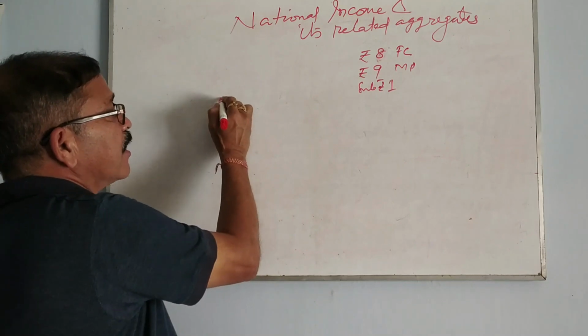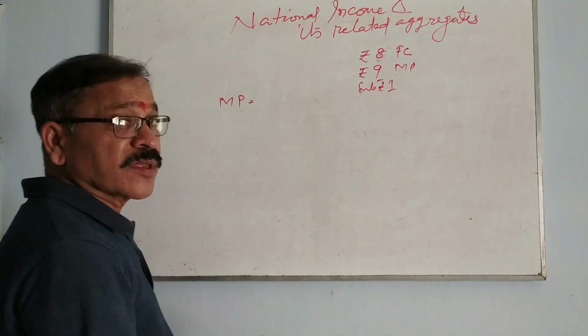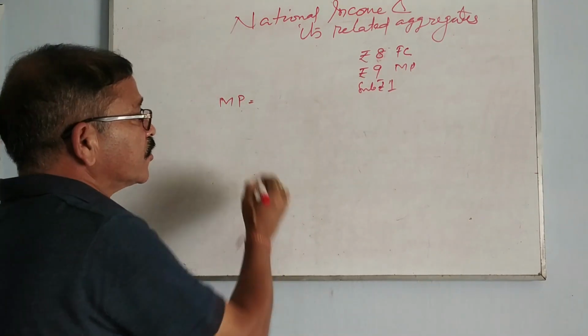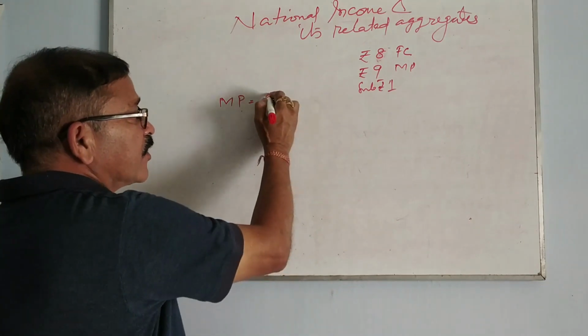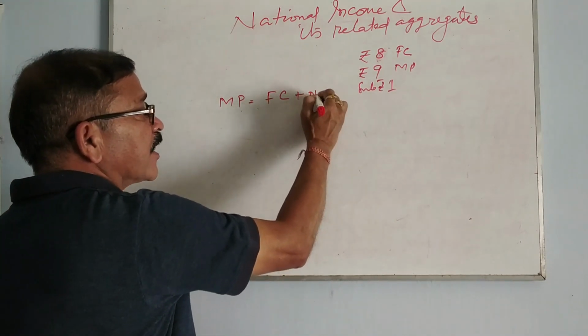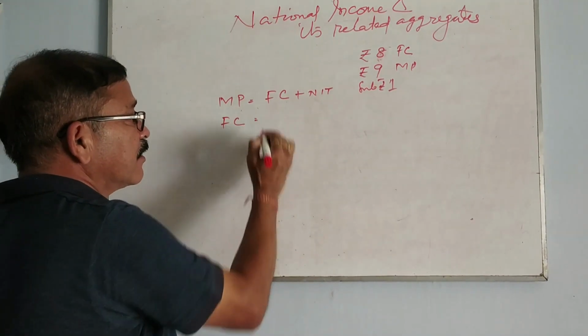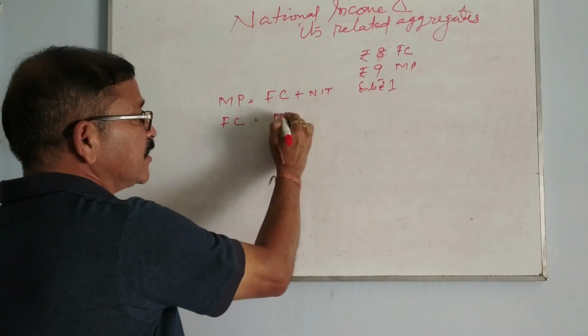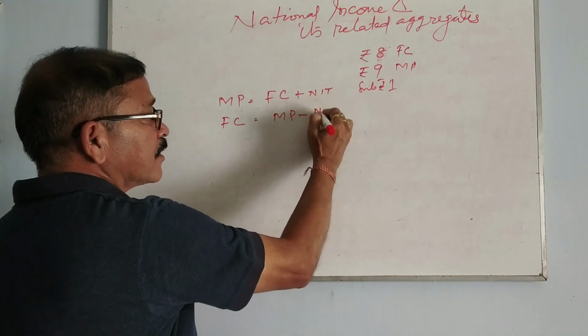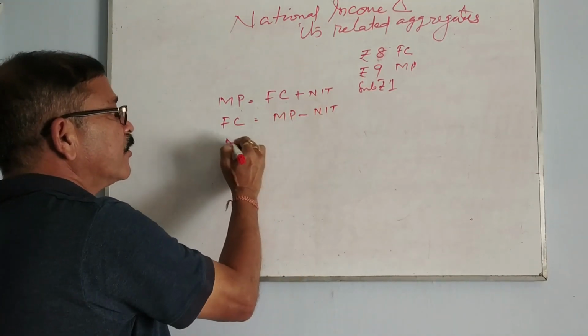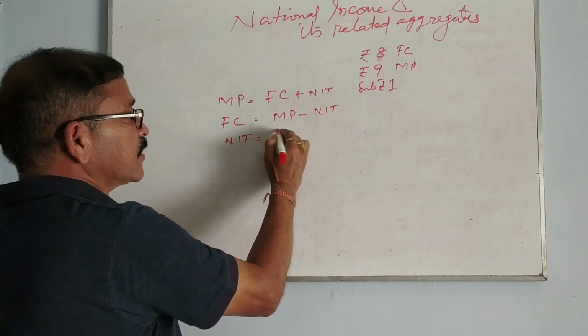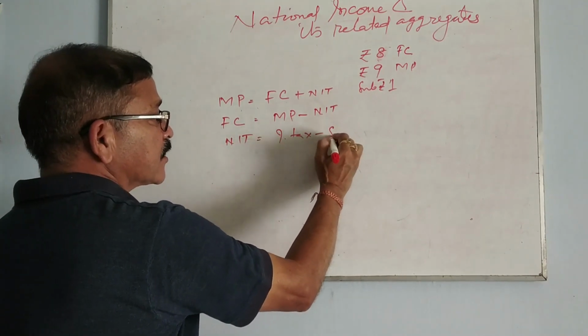Now sometimes you have to convert MP into FC, FC into MP. So suppose you have to find out MP. When you have to find out MP, what will you do? FC plus NIT, right? You want to find out FC, factor cost. That means MP minus NIT. You want to find out NIT. NIT means indirect tax minus subsidy.